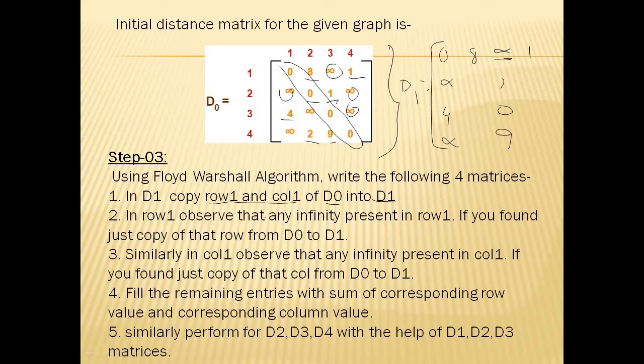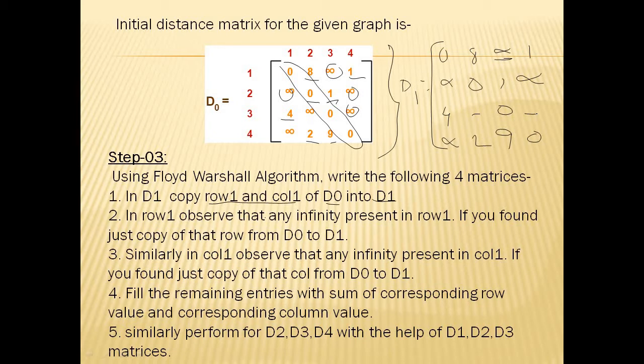Similarly, in column 1, observe whether any infinity is present. If you find any, just copy that column from D0 to D1. Here I found 2 infinities, so here and here you just copy that. So 0 is there, infinity is there. When it comes to this one, 2, 0 is there. And the remaining we have here.